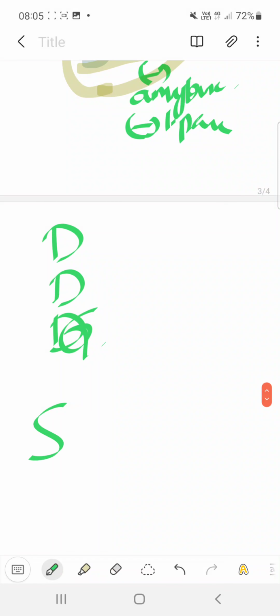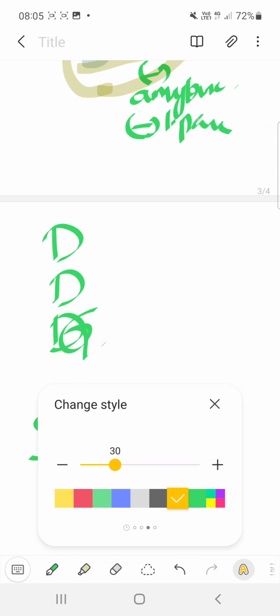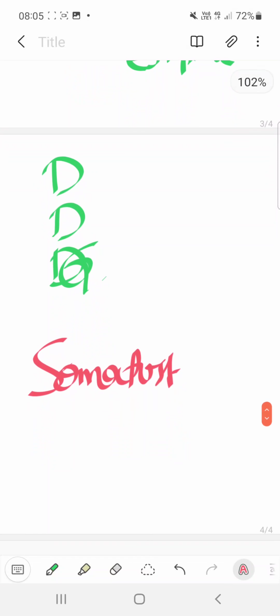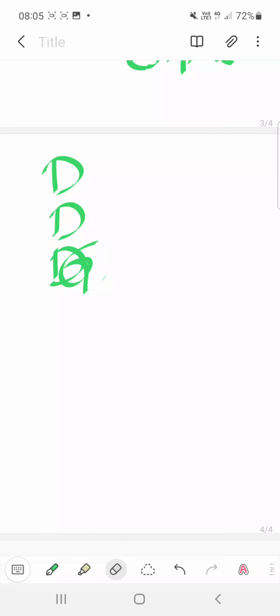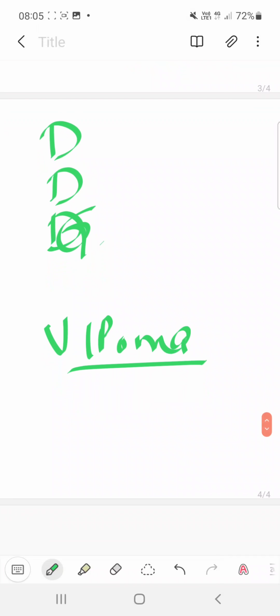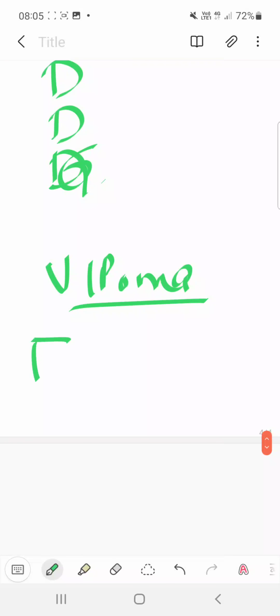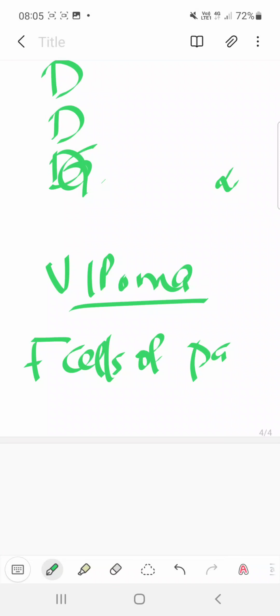So next is somatostatinoma. Somatostatinoma means we have already discussed that. Next is VIPoma. So VIPoma, you have to remember it is from the F cells of pancreas. So we know alpha cells are secreting, beta cells, delta cells.